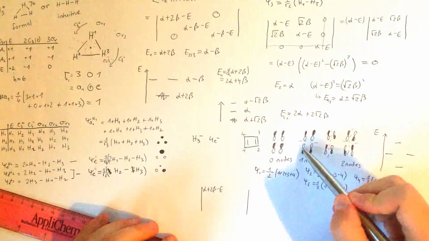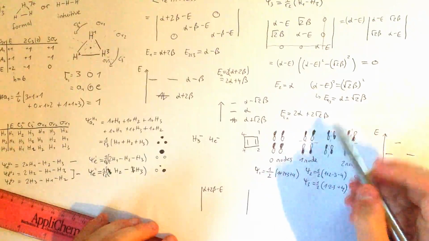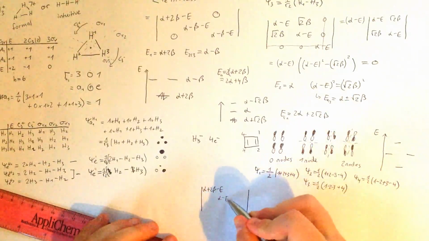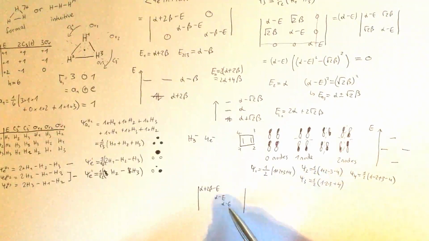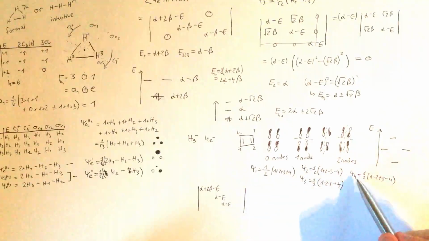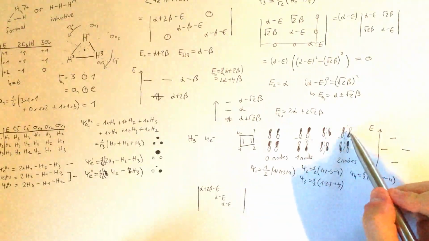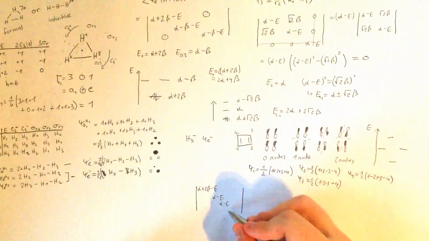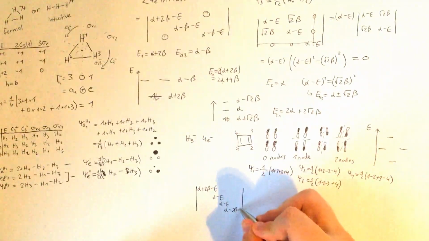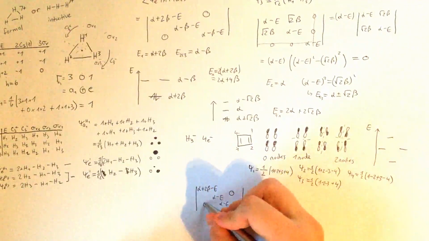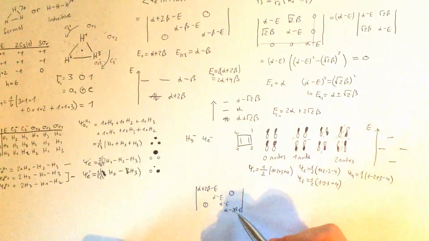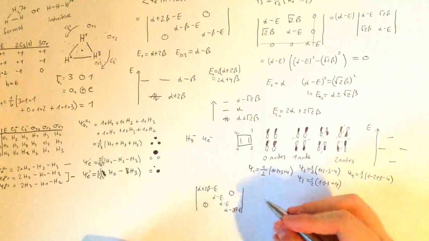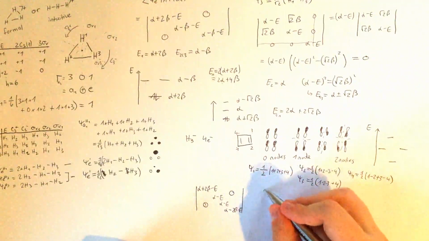I see it has 1 good and 1 bad interaction, so no interaction overall, so it just gets alpha minus E. Psi 3 is degenerate with psi 2, and so it will also get an alpha minus E. And finally, psi 4 has 2 bad interactions, so it gets an alpha minus 2 beta minus E. And again, all the wave functions are orthogonal, which means I have a fully diagonalized matrix, which I can read off the eigenvalues from immediately.